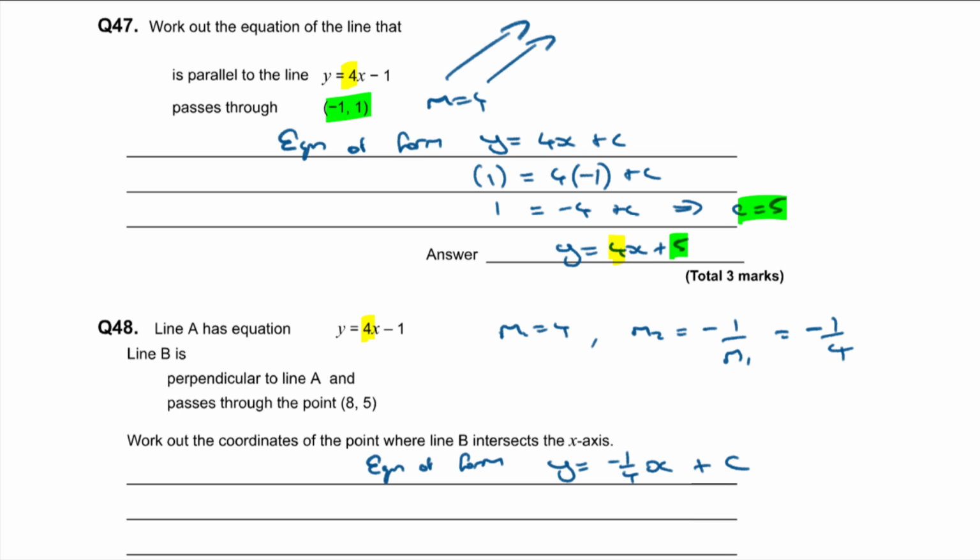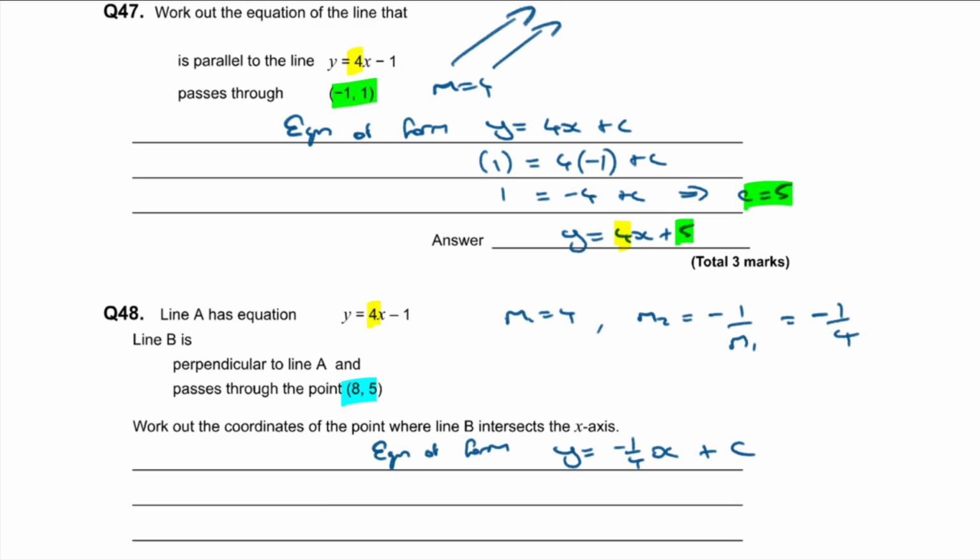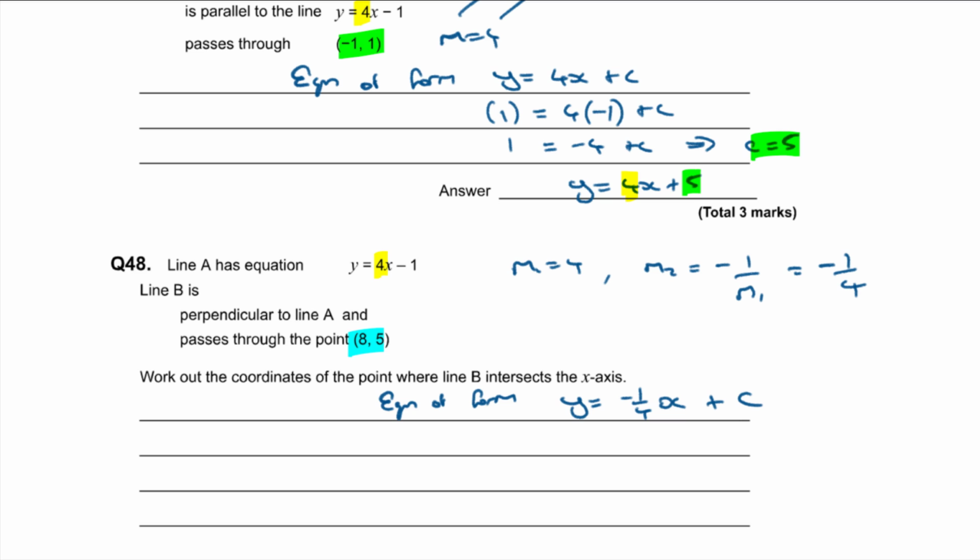Okay. Now we know it passes through the point 8, 5, so we can say it passes through 8, 5. So subbing that in for y and x, then I'm going to get 5 is equal to minus a quarter lots of 8 plus c. Okay, well that's 5 is equal to minus a quarter lots of 8, which is minus 2.